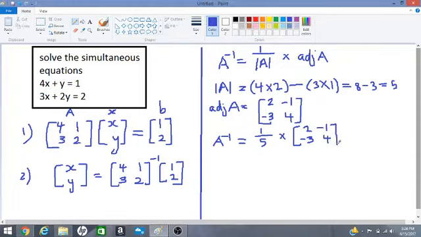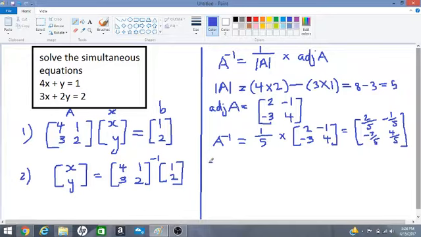We multiply each number on the inside by 1 over 5, and that will give 2 over 5, negative 1 over 5, negative 3 over 5, and 4 over 5. So we have our inverse.